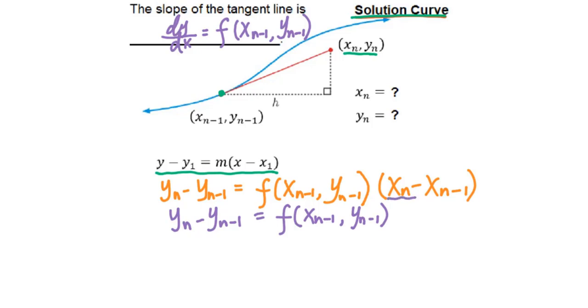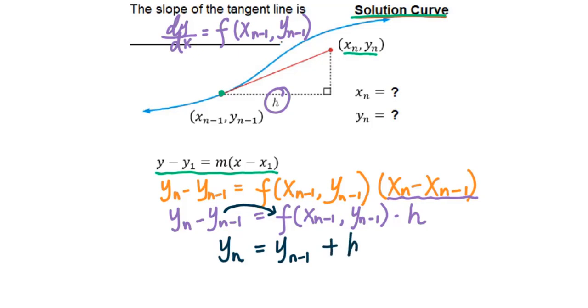But x sub n minus x sub n minus 1 equals this h. So we multiply by this h and move this y sub n minus 1 to the right side. You will get y sub n equals y sub n minus 1 plus h times the slope, f of x n minus 1, y n minus 1.